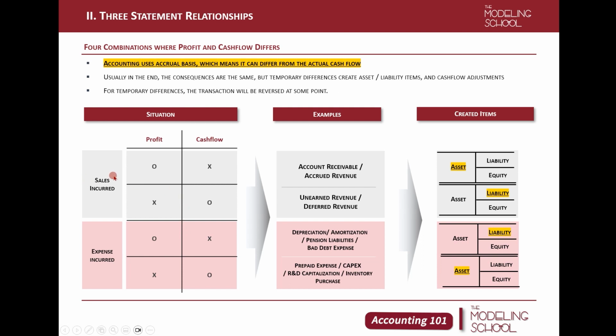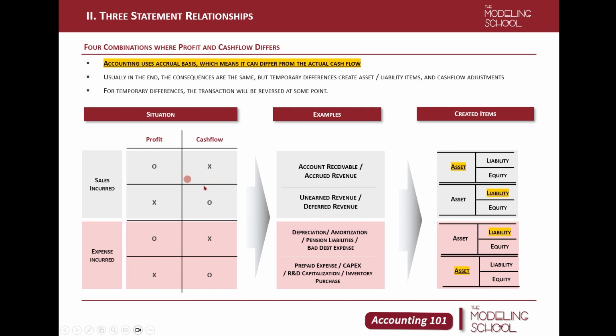So the four combinations, and the key here is to identify whether this creates a future obligation or future economic benefits, and we classify it as an asset, a liability, or a contra asset. Another key is that these kinds of transactions, at some point in the corporate's life cycle, are going to be reversed.